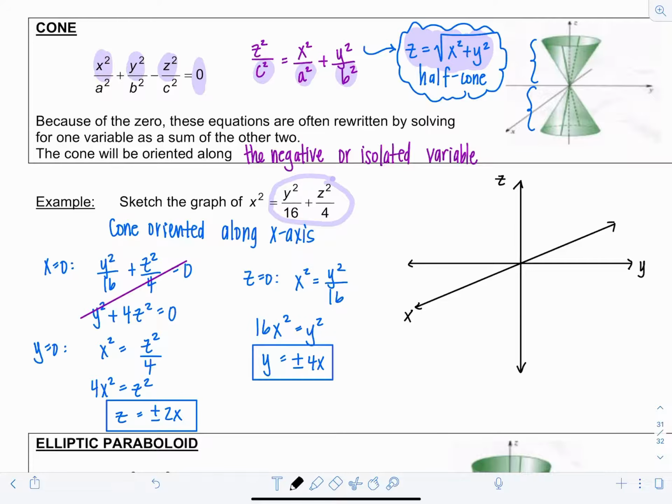X, Y, Z. So y equals plus or minus 4x. So that's a slope of 4. 1, 2, 3, 4. So it's going to go through this point, 0, 0 in the xy plane. And then again, there's the slope of negative 4.